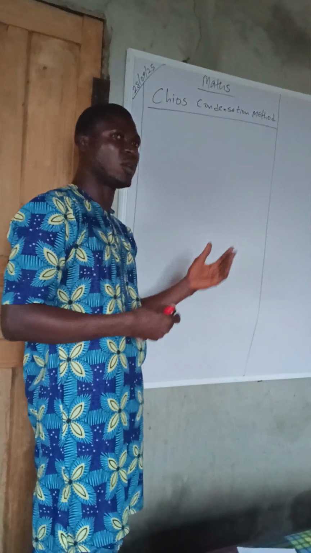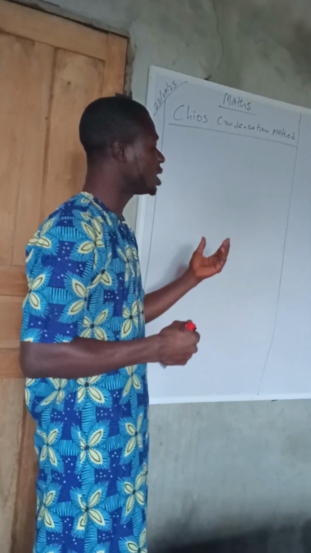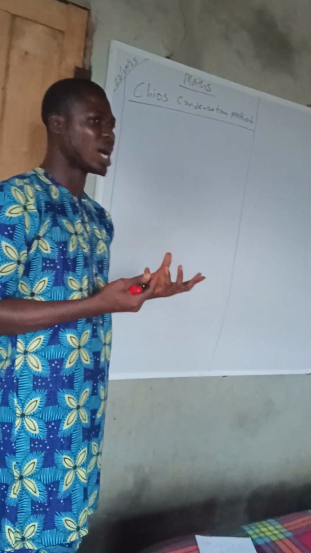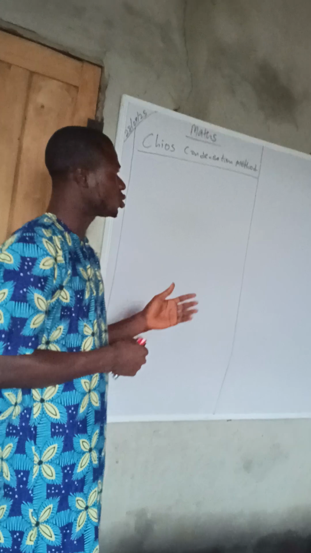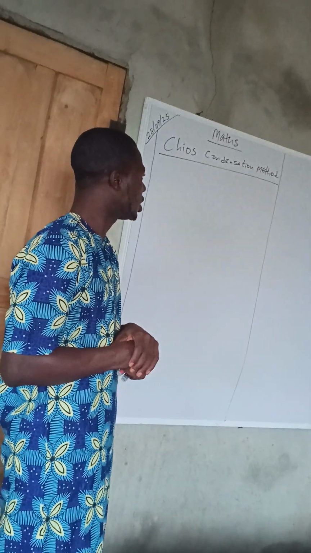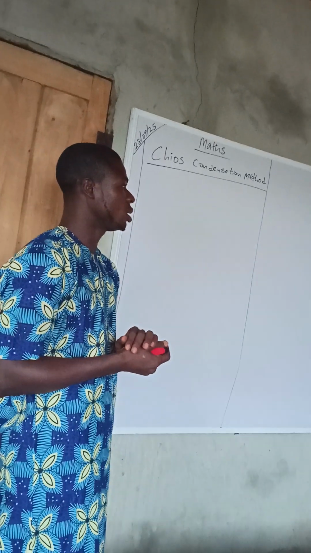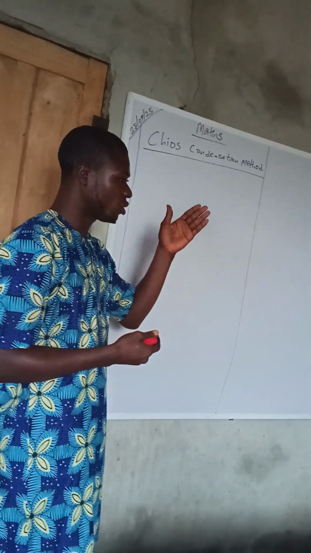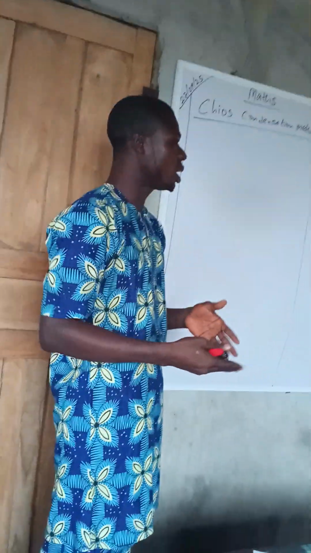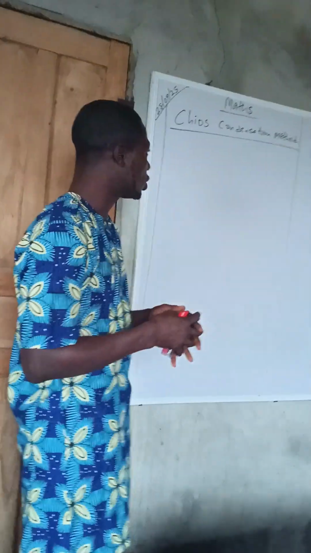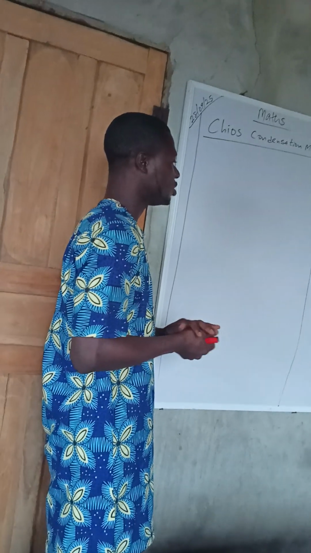When you have matrix of order 5 by 5, a matrix of order 6 by 6, and you are asked to get the determinant, you will see that it's kind of confusing to use the normal method, and that's why we have this Chios condensation method, which we can use to reduce the matrix, be it from 5 by 5 to 4 by 4 and subsequently to 3 by 3, and from 3 by 3 we can use our normal method and get the solution of the determinant of the matrix.